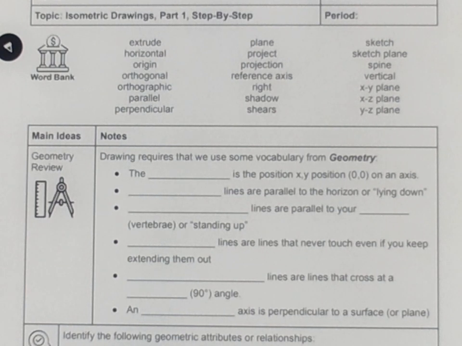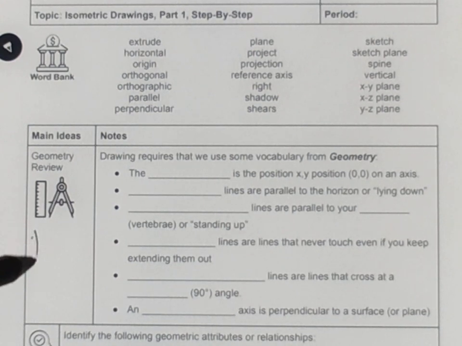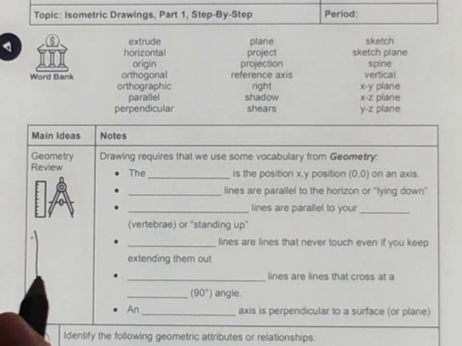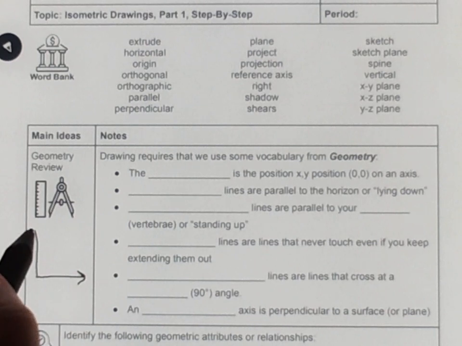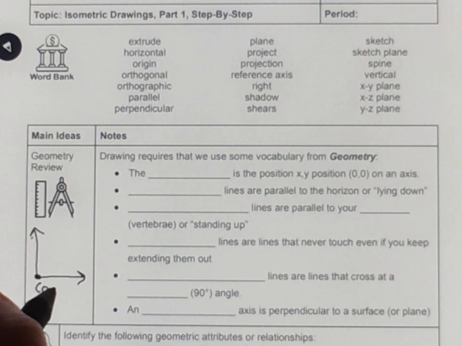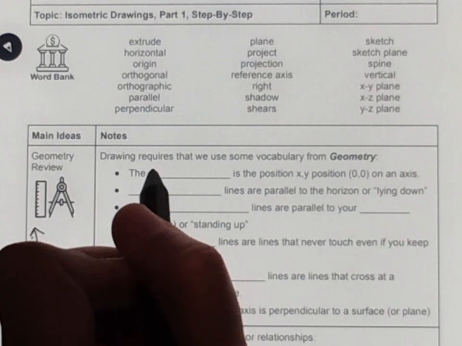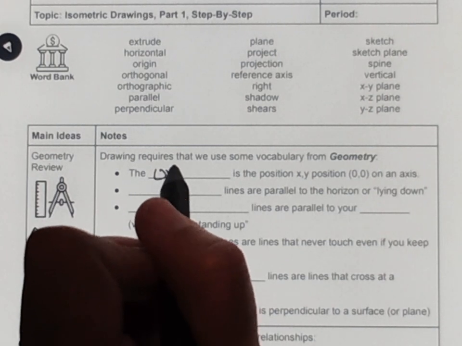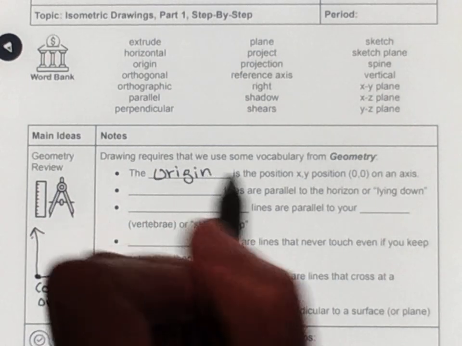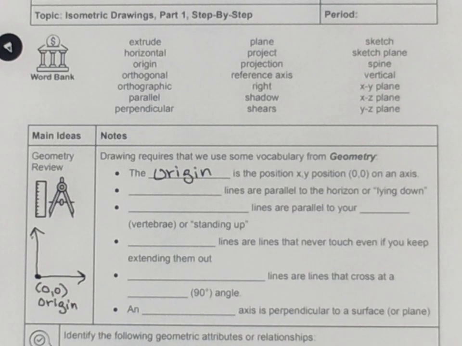So the first one is what I use to describe part of the coordinate system that starts right there, that 0, 0 position. I will sometimes call that the origin. So the origin is just that xy position of 0, 0 on our coordinate system.